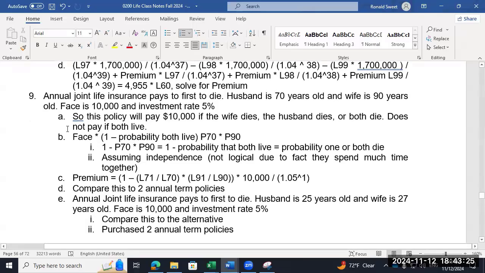It's a really simple formula: the face of the policy, that $10,000, times 1 minus the probability they both live. The probability they both live is P70 times P90. The husband's 70, the wife is 90.